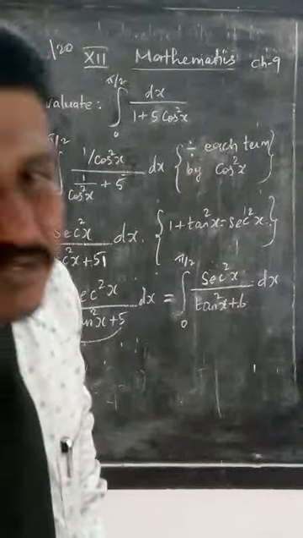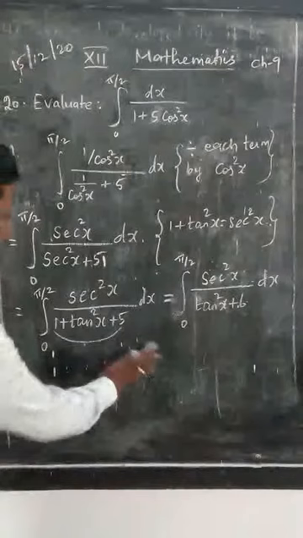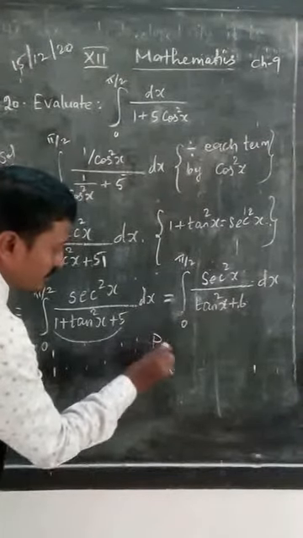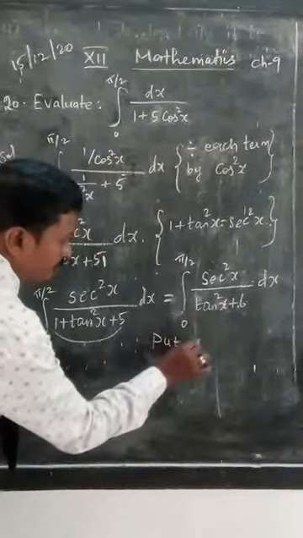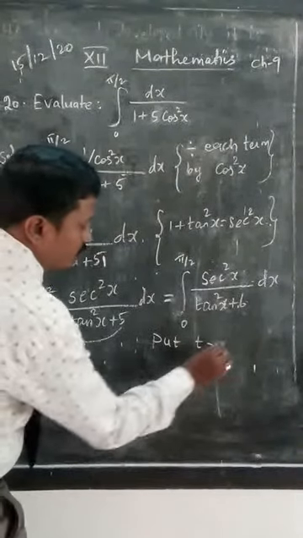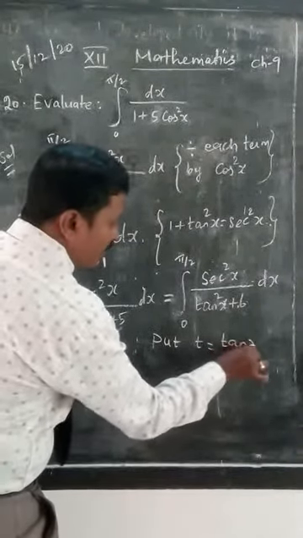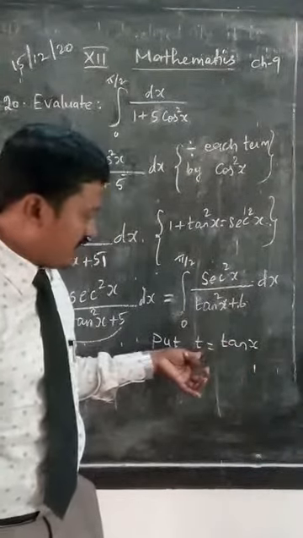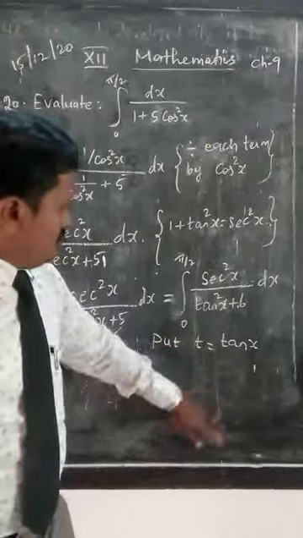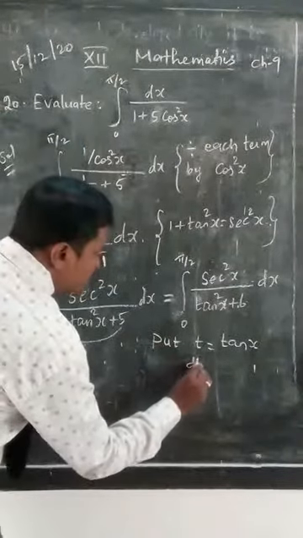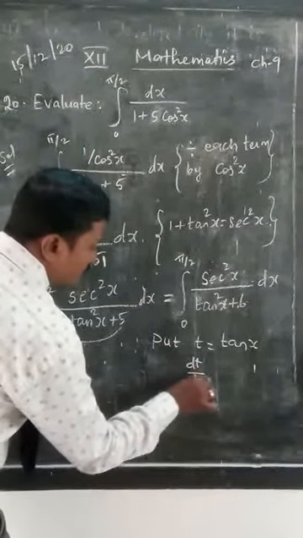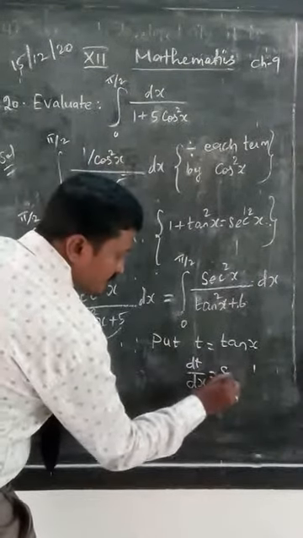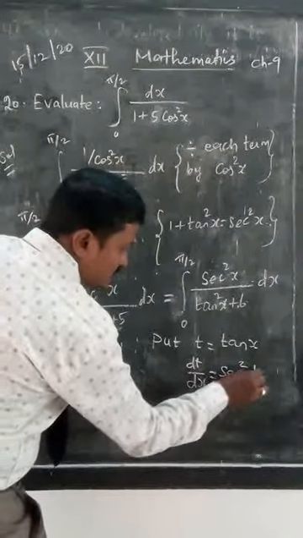Now I am going to give a substitution here. I am going to integrate this using the substitution method. Let t is equal to tan x. Differentiating this with respect to x, the differentiation of tan x is secant square x, right?